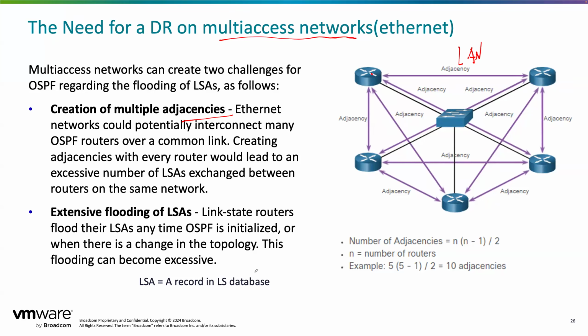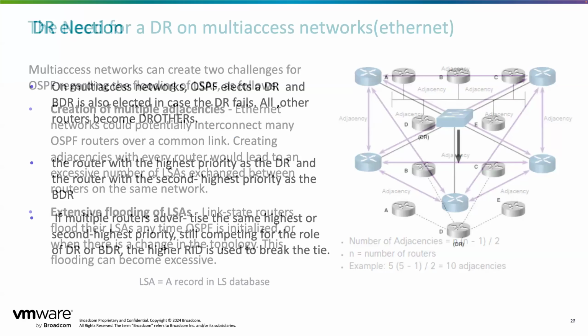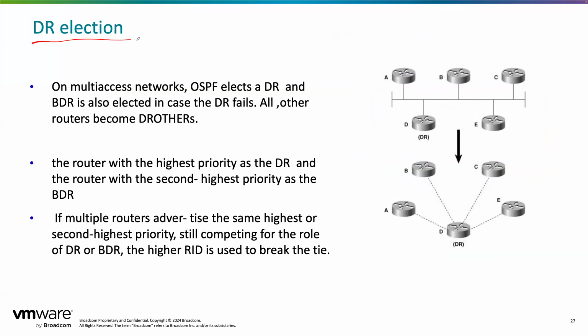So if we try to simplify this relationship, we bring in the DR election, this new process. Here we draw again these 5 routers sitting on the same Ethernet or same data link.